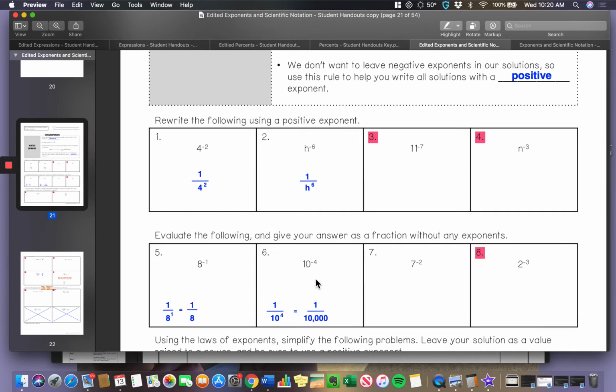Now, for example, in number 6, we have 10 raised to the negative 4th, so I rewrote that here. The base stayed the same, the negative 4 became a positive and written as the exponent over 1, but when they say rewrite it without exponents, this means you just had to solve this exponent, right? You had to solve this expression right here, 10 times 10 times 10 times 10, which would give me 10,000.